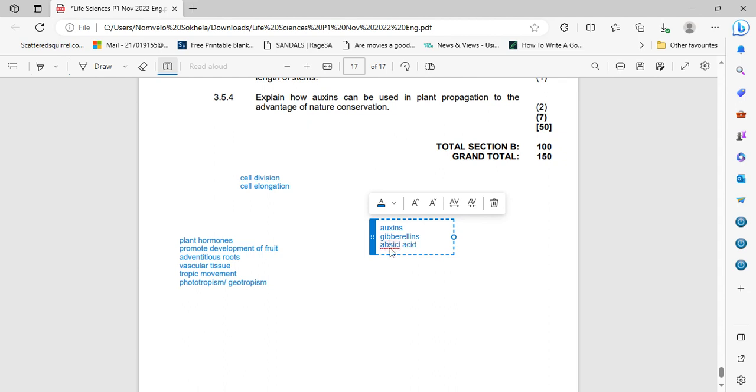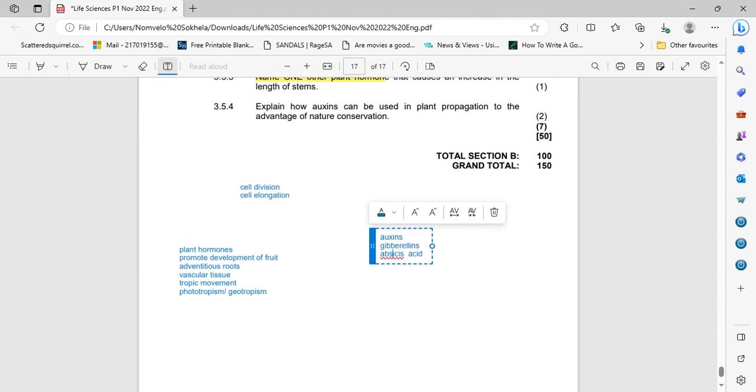Oh, my spelling. I'm good in science, but spelling. Okay. So these are the three plant hormones you learnt about. The first two, we said that they promote growth. The first two promote what? Growth.